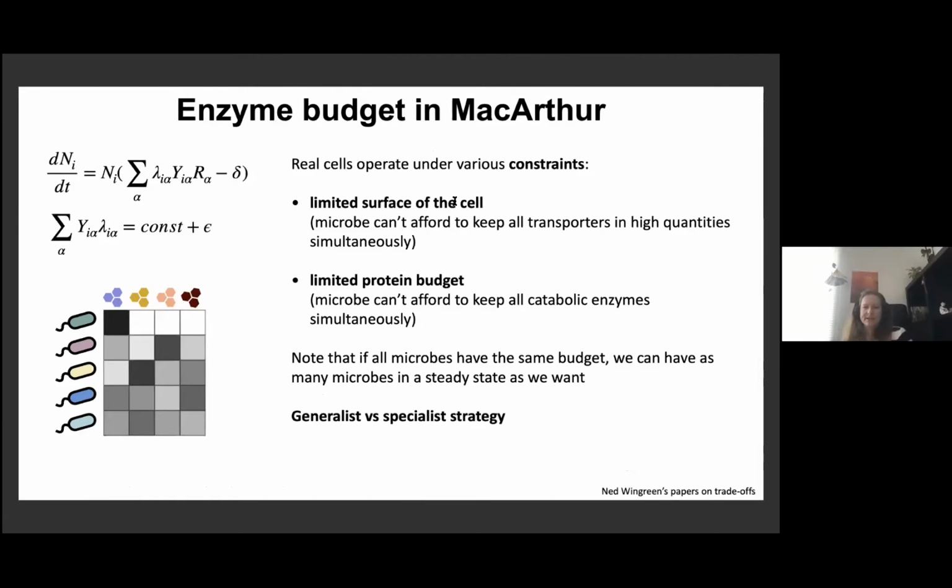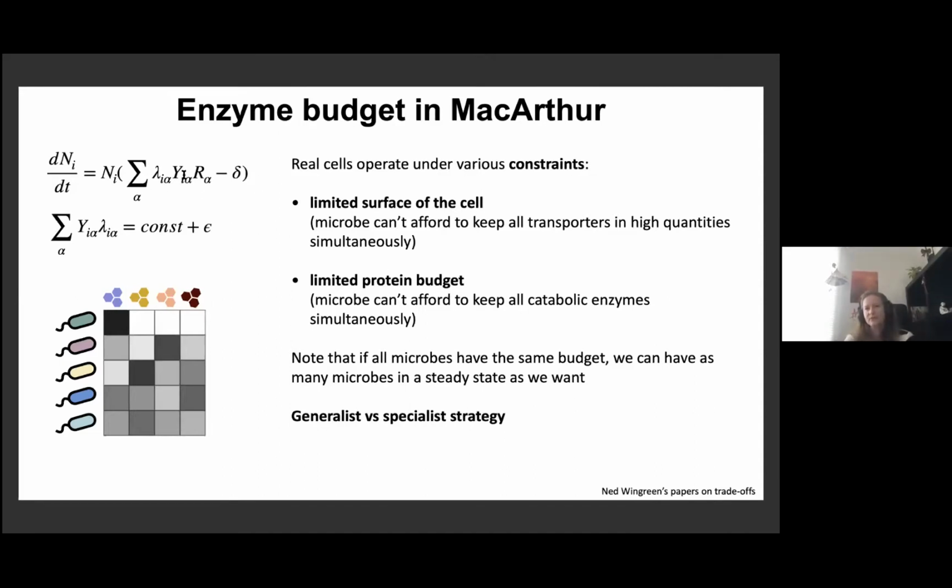Typically, uptake is defined by your transporters on your membrane, and the surface of the cell is limited. You can't really have all possible transporters in high quantities on your membrane simultaneously. You don't have the capacity. So each microbe will actually have to choose which transporters to keep in order to maximize this growth function.